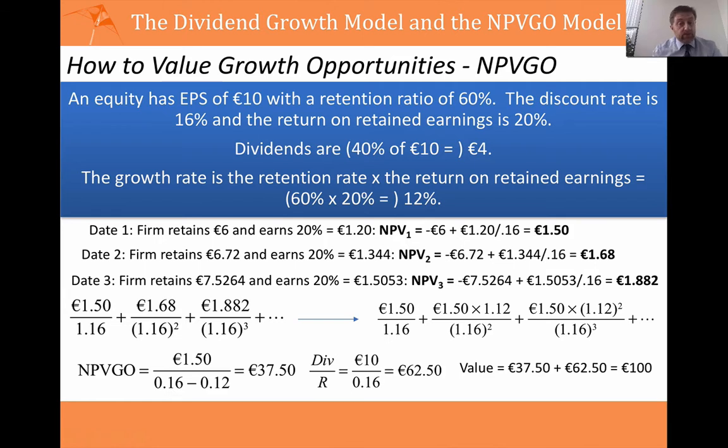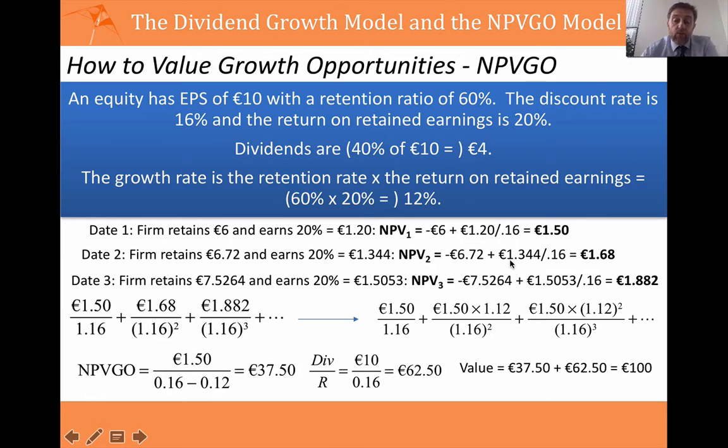They're going to earn 20%, as we said, which means that 20% of this amount is €1.344. So we do the exact same thing, but this time it's at date 2. So what's the net present value of this investment? Well, we're investing €6.72.